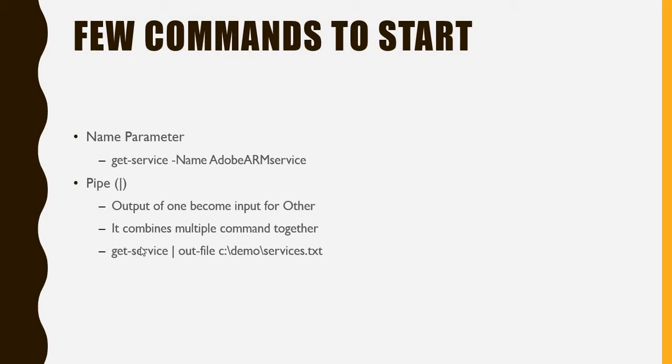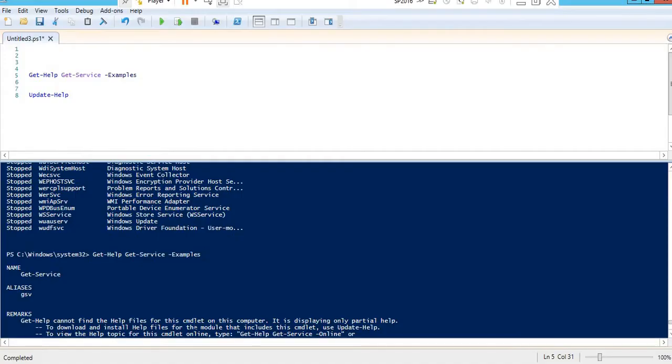The collection from here will be fed to this Out-File command, and what Out-File will do is write the file here. So this will fetch the collection and this will write it.